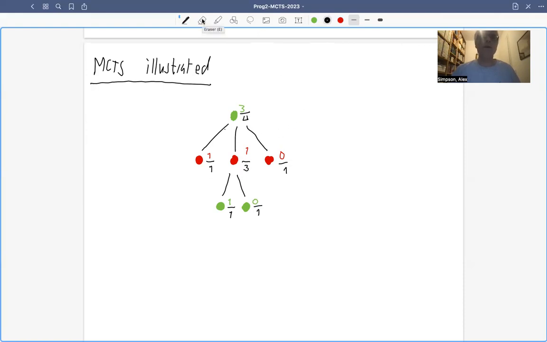And green has now won 3 out of 5. Okay, so we're at the end. That's the end of the 5th run. I just want to make that 5 a bit neater.